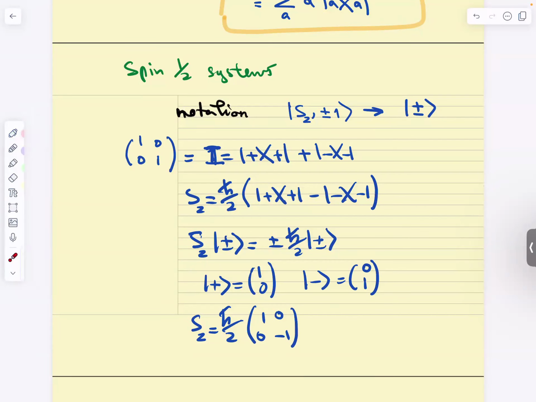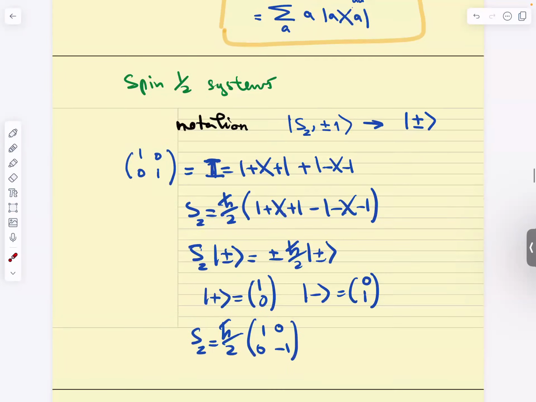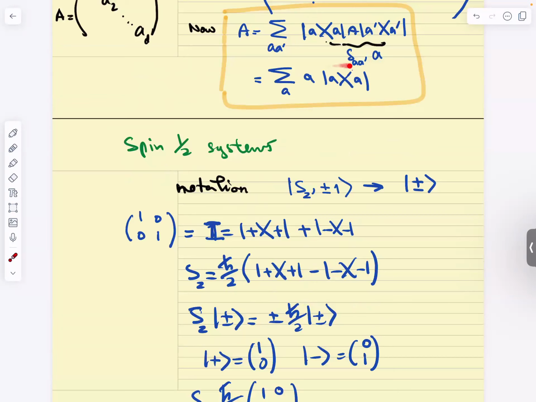All right. So what is the observable S_z? Observable S_z has eigenvalue h bar over 2 in ket plus, bra plus, and eigenvalue minus h bar over 2 in ket minus, bra minus. This is precisely what I just said: an observable is a diagonal matrix in its eigenbasis.